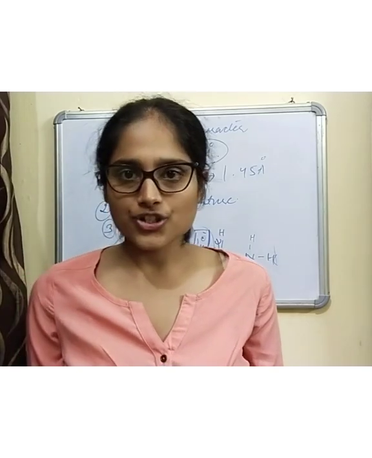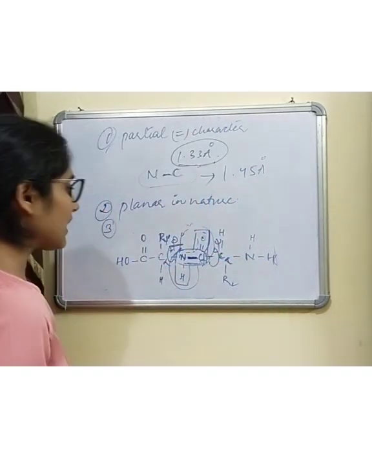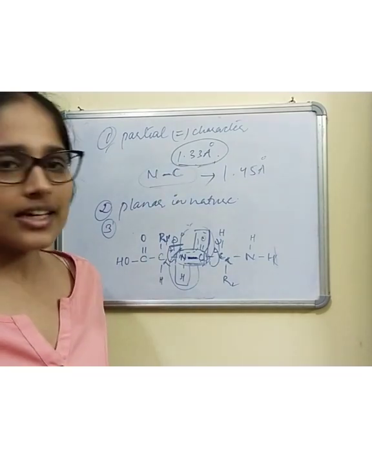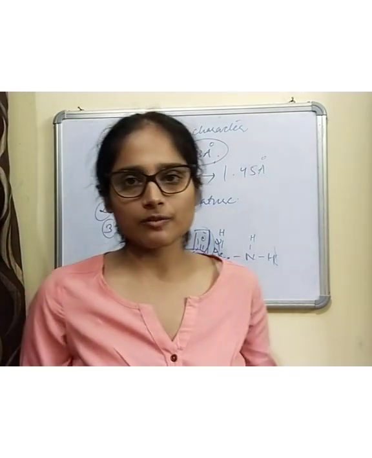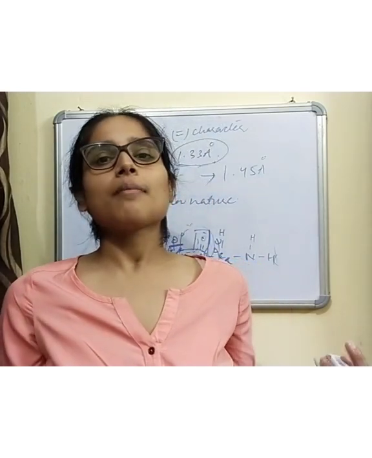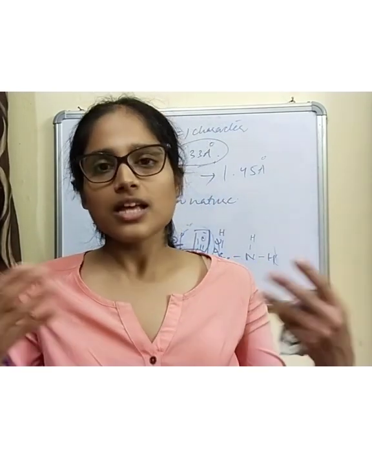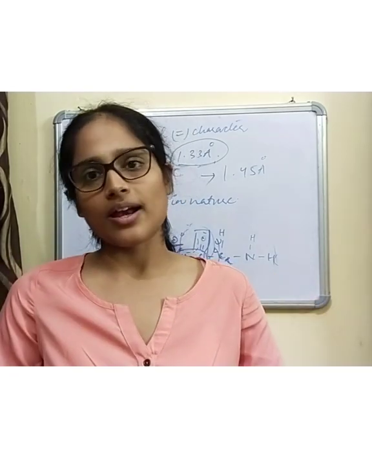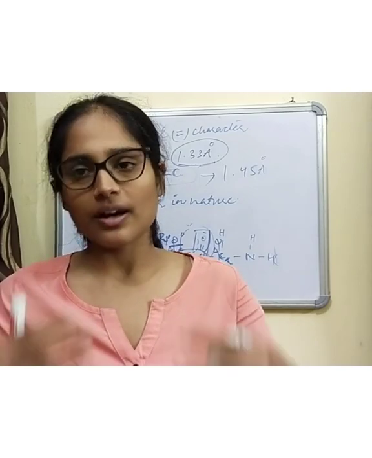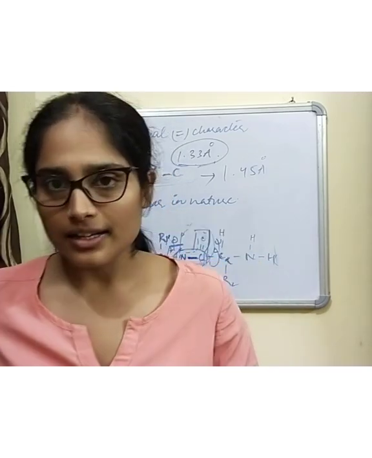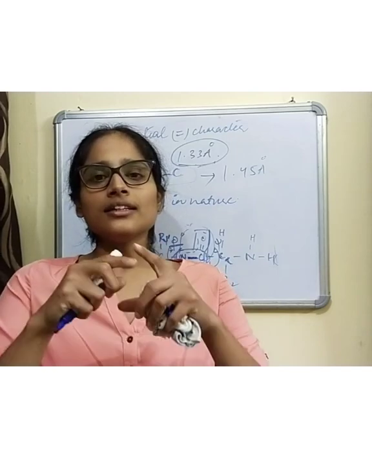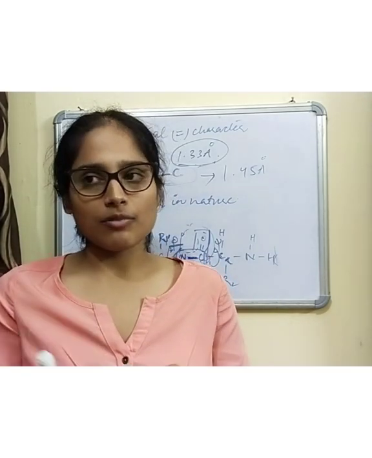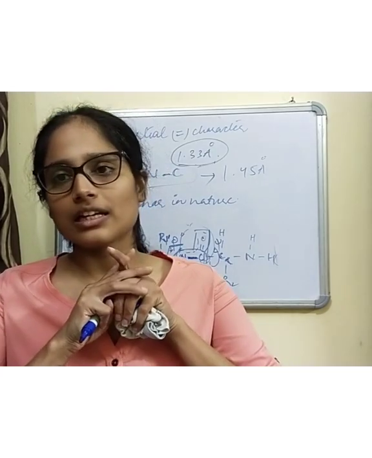Now, why are all rotations not practically possible? Because of steric hindrance. And what is steric hindrance? Steric hindrance is when two atoms come in such close vicinity to each other that they are closer than their van der Waals radius, such that there is an increase in randomness or disturbance, and it is sterically not allowed.